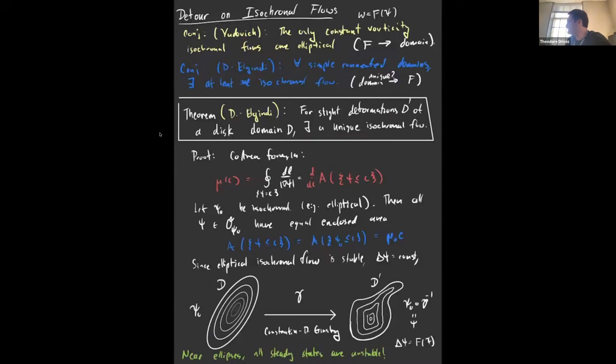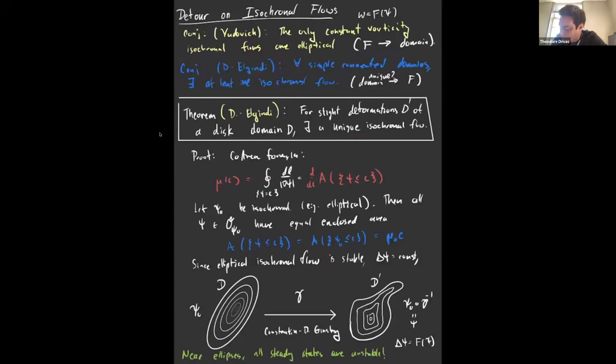That's simply because isochronality means that the travel time it takes for a particle to traverse a streamline is constant. And the travel time can be written as the rate of change of the area enclosed by streamlines. So if you rearrange a given stream function by an area preserving transformation, you do not change the area, and therefore you do not change the travel time.